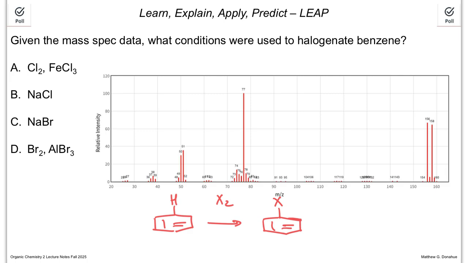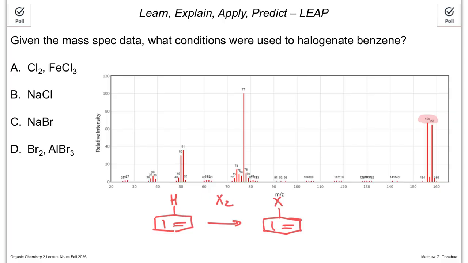I'll give you a clue here. We have those two numbers there, and I'm old, so I can't read them on my screen. The first one is 156, the second one is 158. What is the ratio of intensities? 1 to 1.